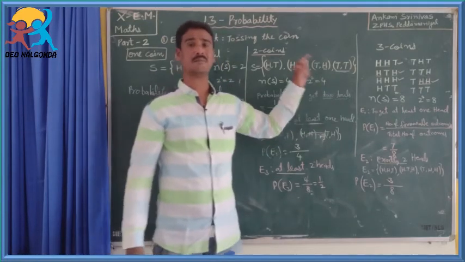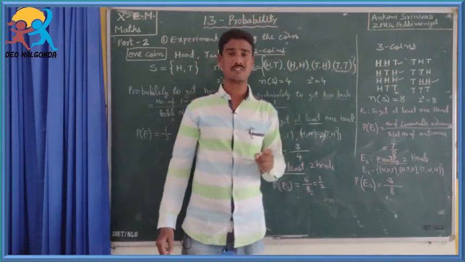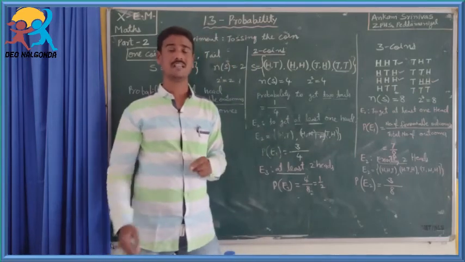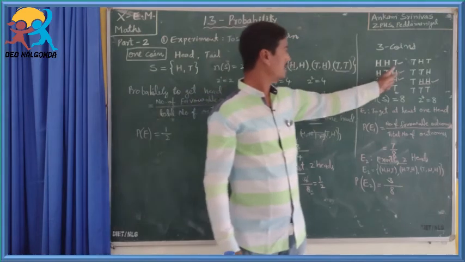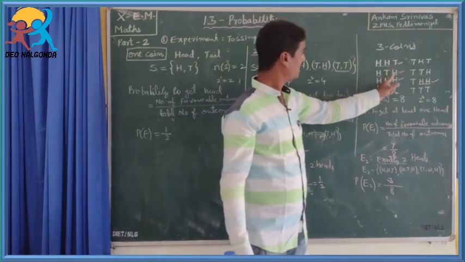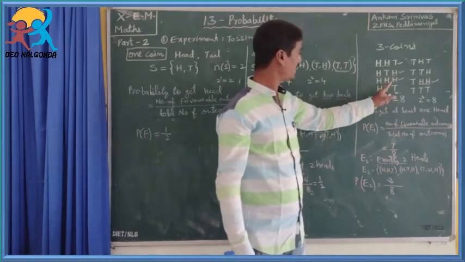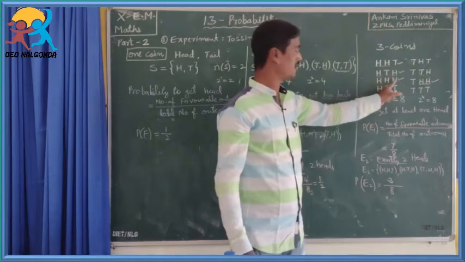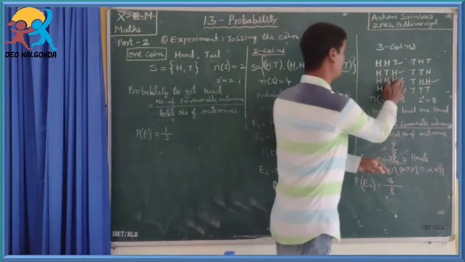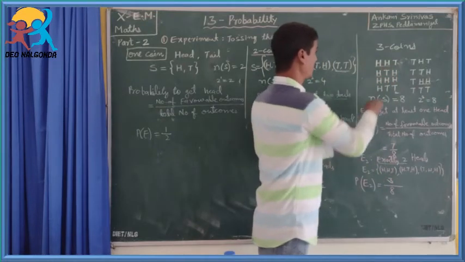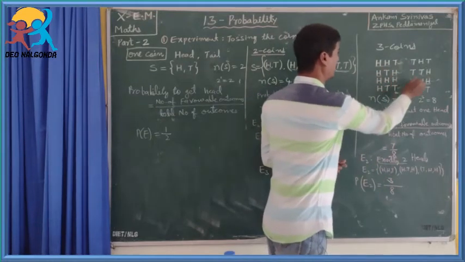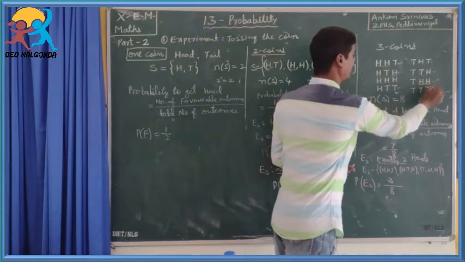And what is the probability to get at least one tail when tossing 3 coins at a time? At least one tail means this is a favorable outcome and this is also a favorable outcome. The one with no tail is not favorable. So we will get here 1, 2, 3, 4, 5, 6, 7.